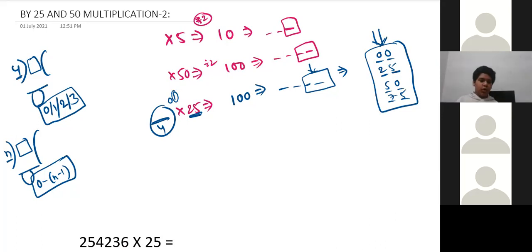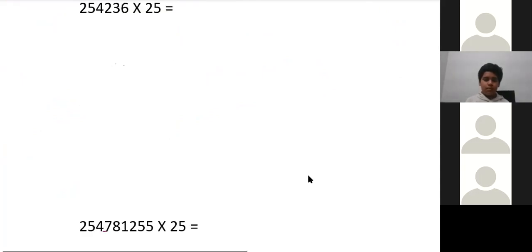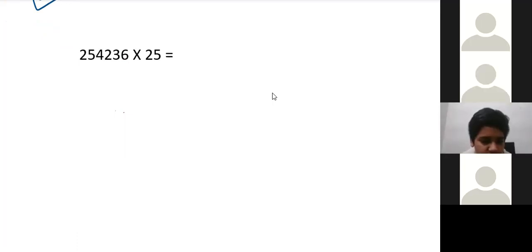Sir, can I do this? Sir, may I? I did not get the chance. I'll do the second one. Jashmita will do this one. Satvik will do the second. Sir, I want the last one of this into 25.